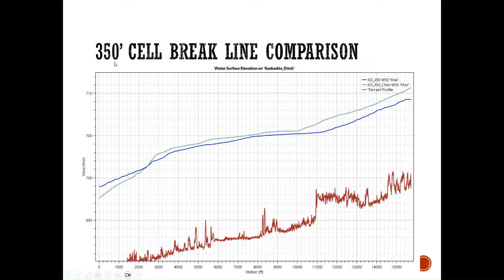Using our 350-foot cell mesh and comparing how the break lines affected those results, the darker blue line here is just the 350-foot grid without the break lines. The teal line is the 350-foot grid with those break lines along the channel and the banks, and you can see how that's caused a higher water surface elevation.